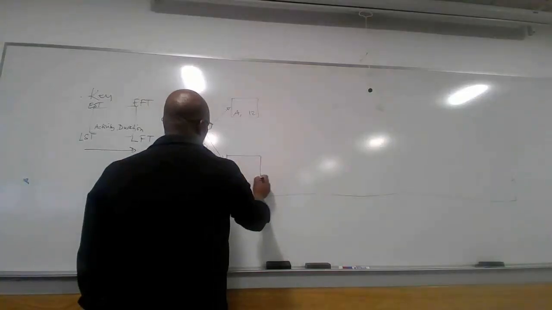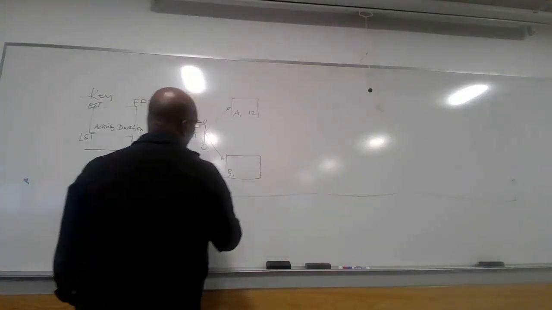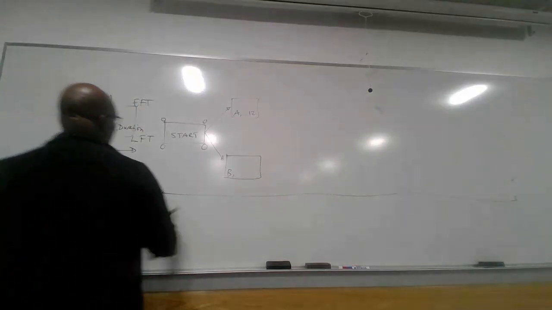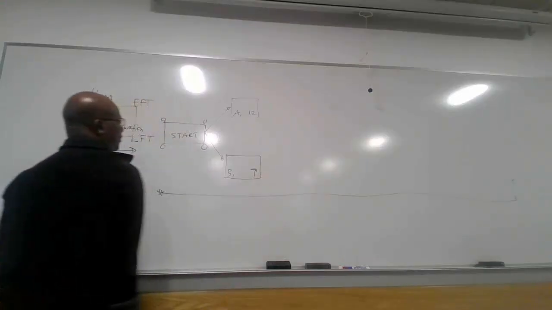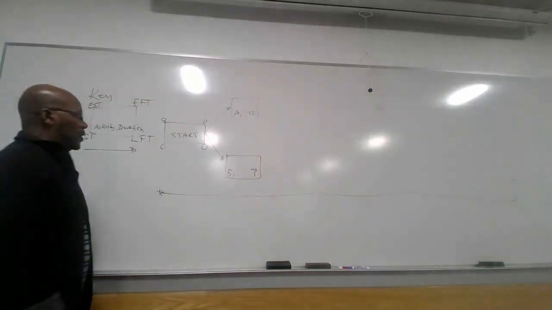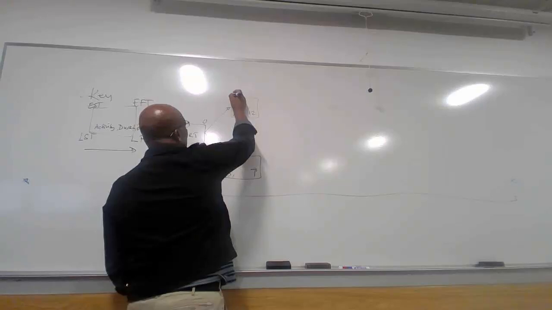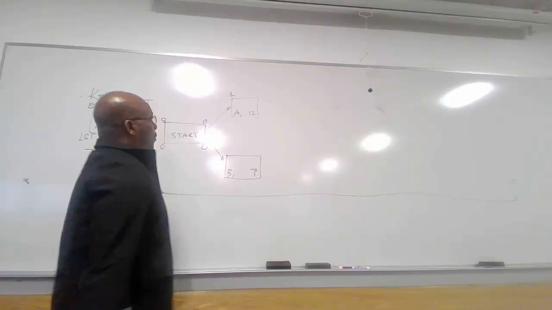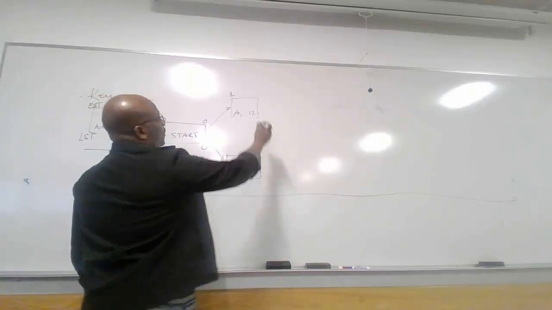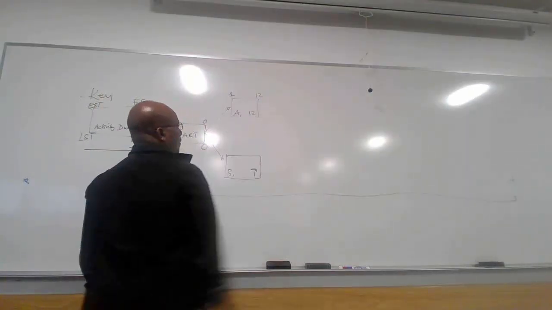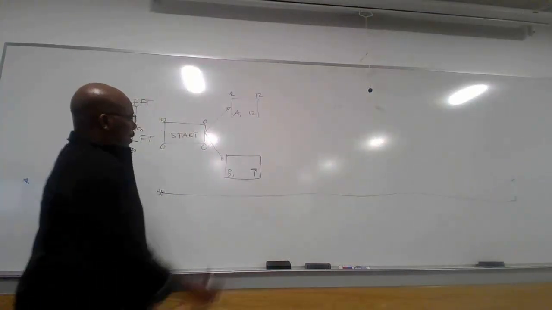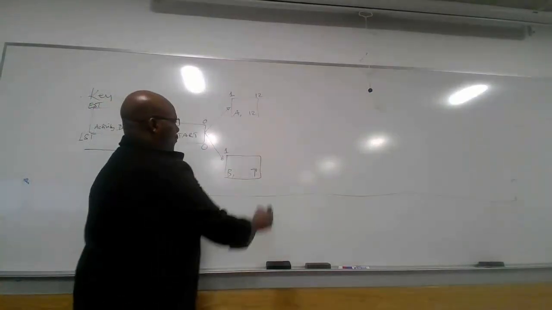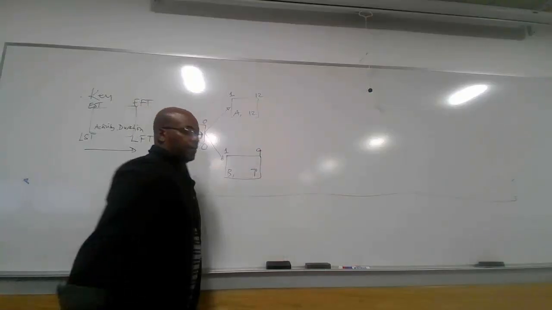And the duration for activity B is 9 weeks. So when should we start activity A? We should start activity A on the first week. We start on week 1 and finish it on the 12th week. And so here as well, we can start on the first week and finish this on the 9th.